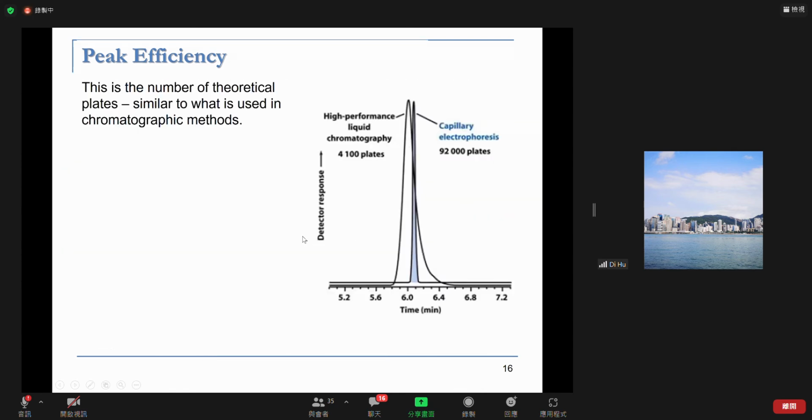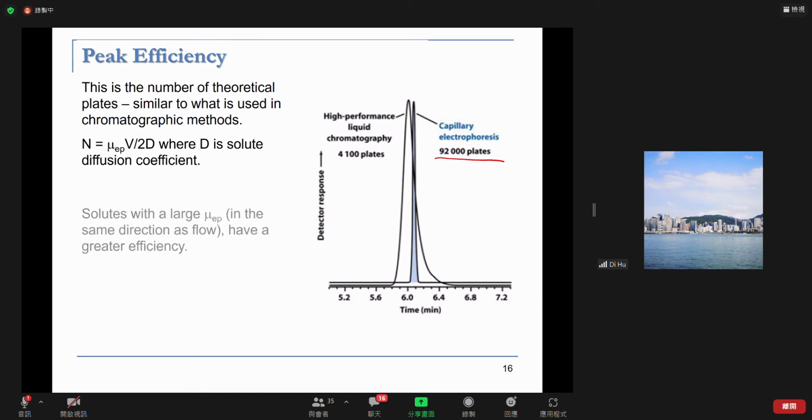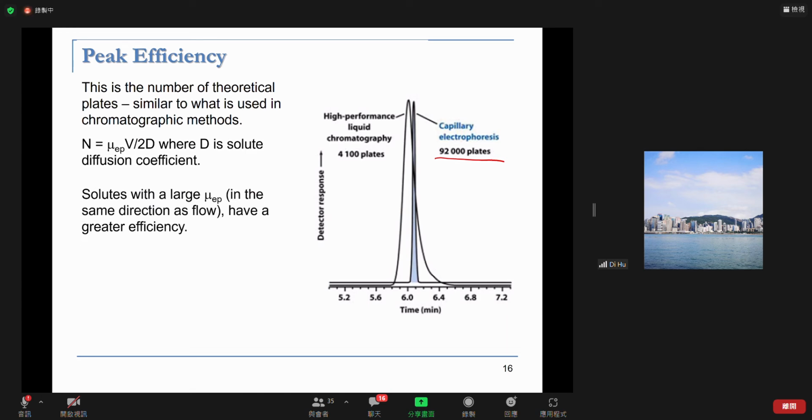Okay, if you look at this one, this is capillary electrophoresis, and this is high performance liquid chromatography. This is looking at the separation of some large molecules such as protein. You can see that the plate number for capillary electrophoresis can be even larger than HPLC.